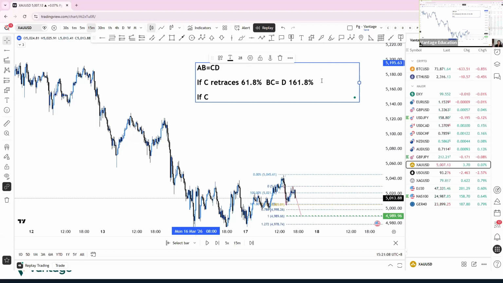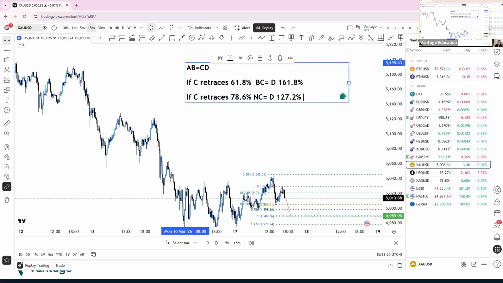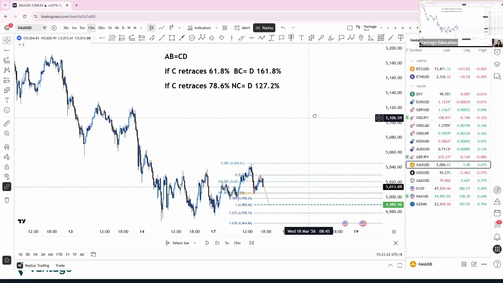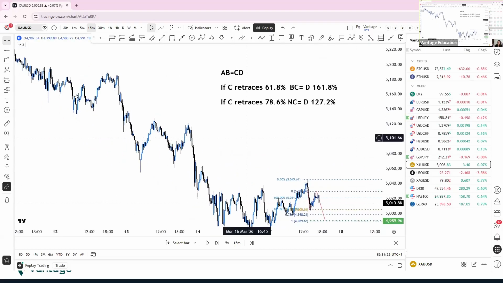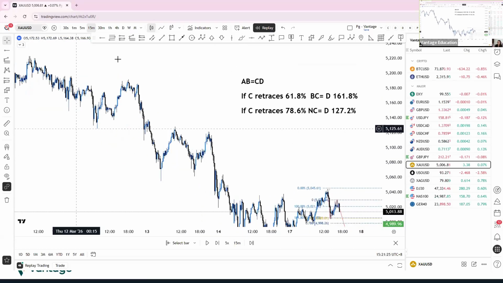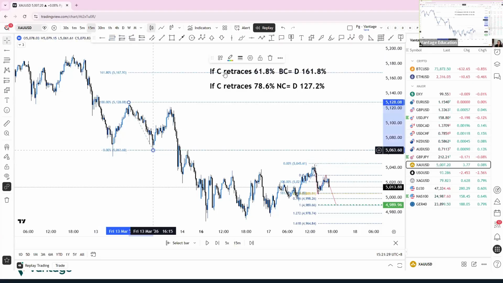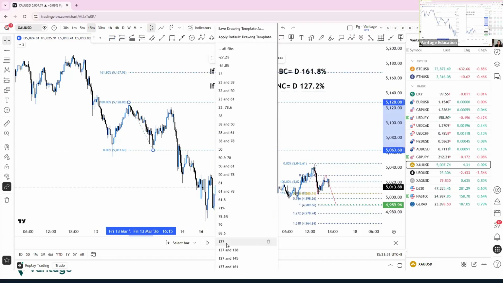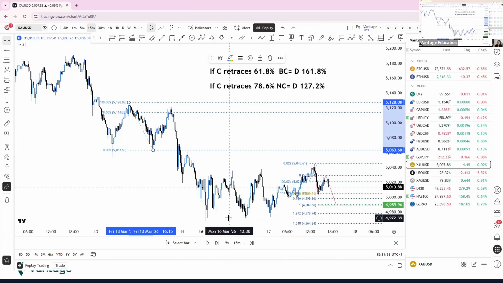If C retraces 78.6%, the BC extension equal to the D leg is going to be 127.2, equal to the 100% projection. We can try together. Let's say here is 78.6%.